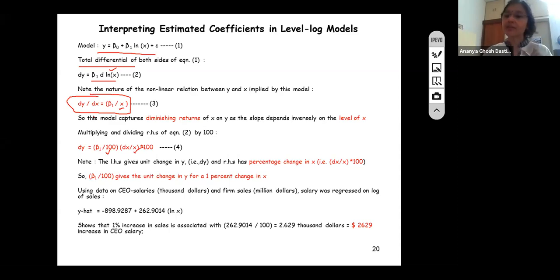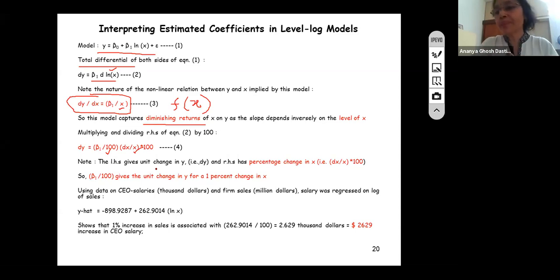Because here the slope dy/dx is the slope of the function, right? Y is a function of x and the slope is dy/dx. Dy/dx itself is a function of x. What kind of a function is it of x? As x increases, given beta 1, dy/dx is actually coming down. So this is a model which is actually capturing some kind of diminishing returns.